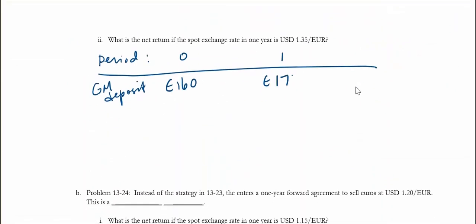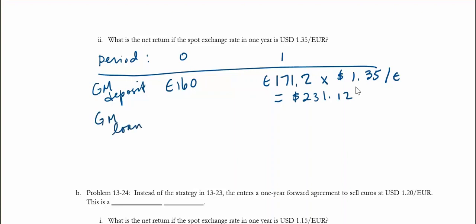So we convert it now at $1.35 per euro, the possible future spot rate, and that would be worth $231.12 million.